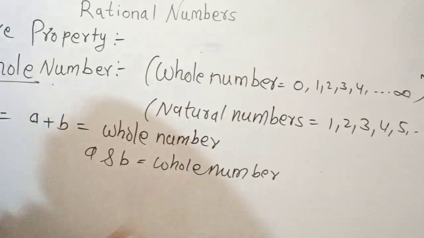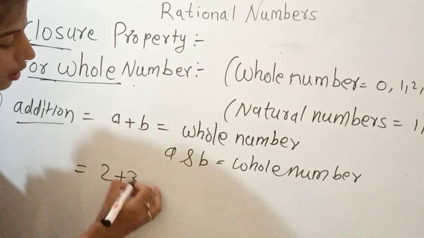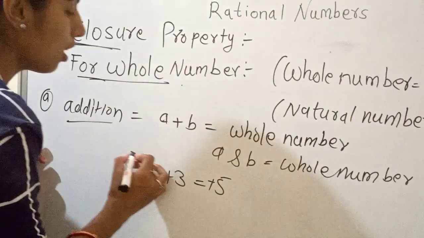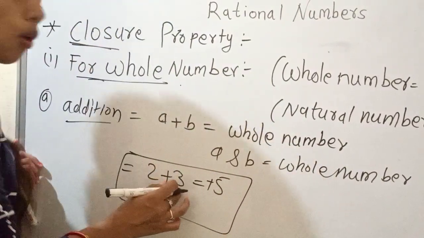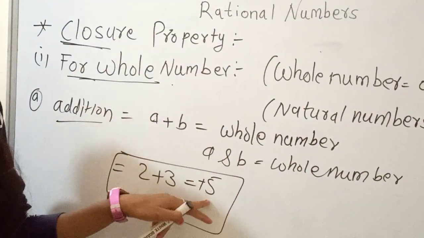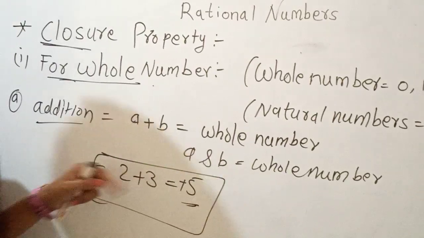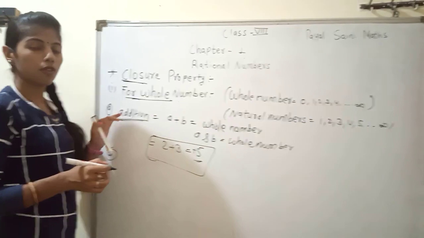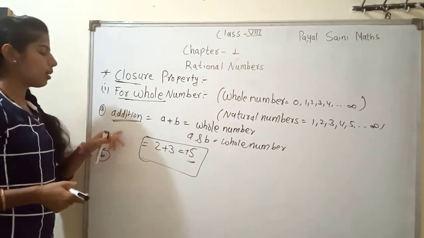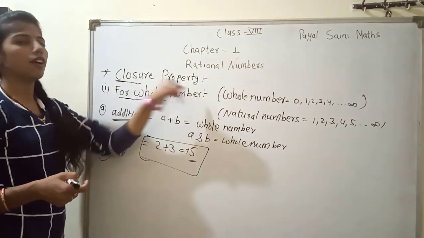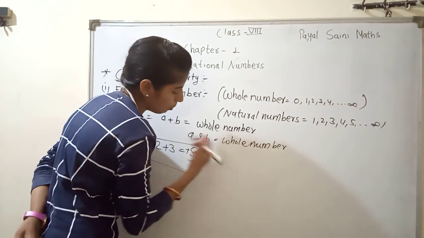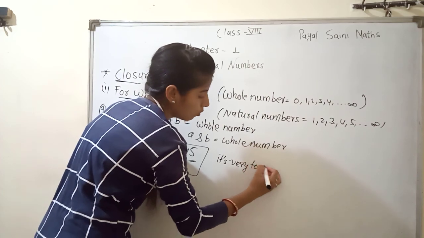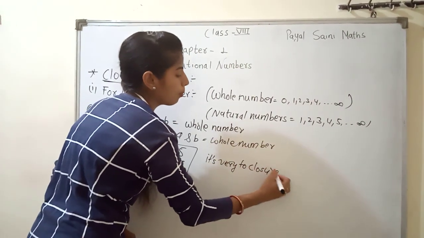For example, 2 plus 3 equals 5, and 5 is also a whole number. So we can say whole number addition verifies closure property.